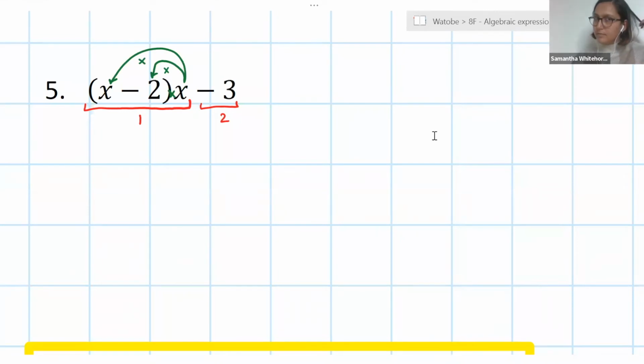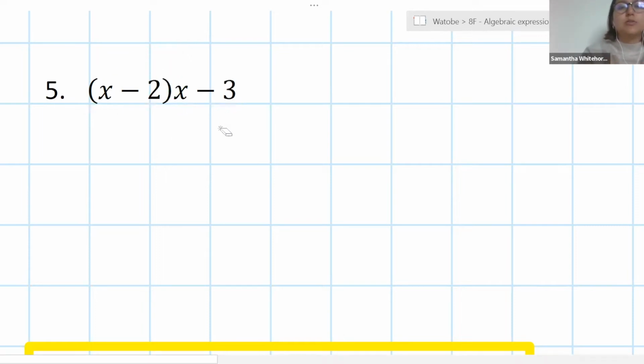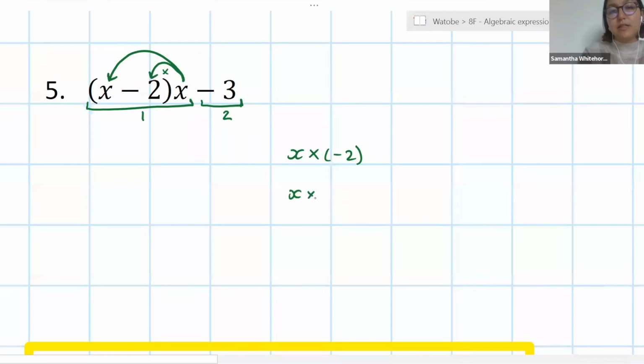I'm getting lost. Okay, so question 5, I'm just going to take all my scribbles off again. I've got 2 terms. One term, because that's all being multiplied, and this is a completely separate term because of the minus. What I now need to do is multiply the x with the -2. So I need to say x times -2. And I need to multiply the x and the x. So x times x.